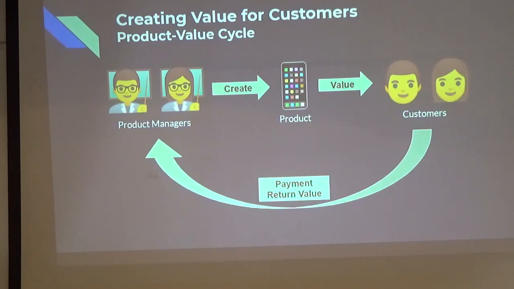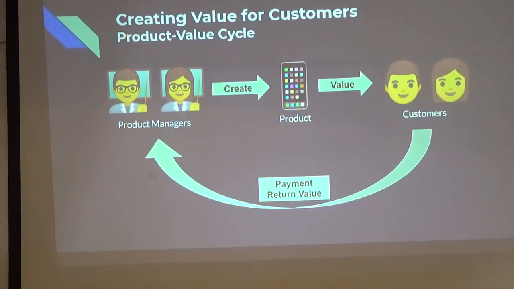The product they create has value for their customers and users. Every step a product manager goes through is to determine what value they're going to create, who they're going to create that value for. And they create this value in the form of a product.